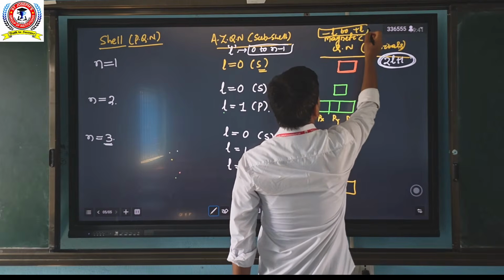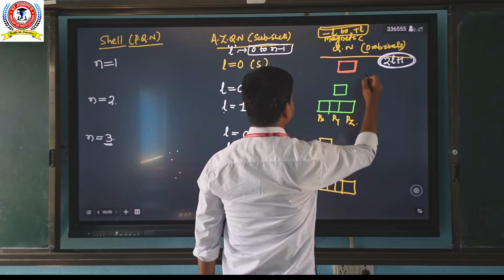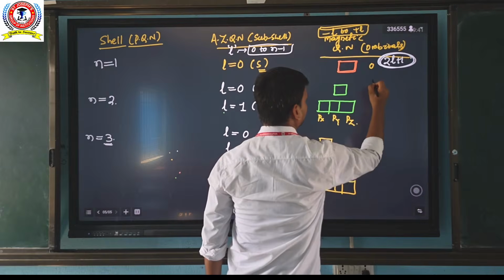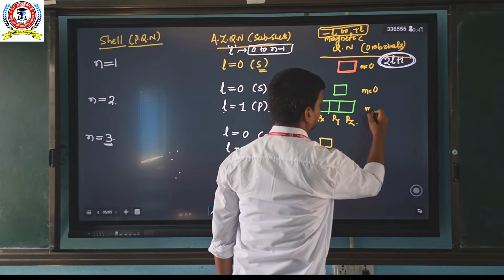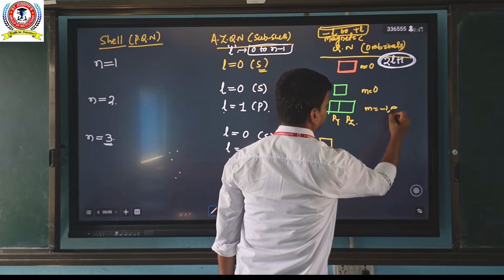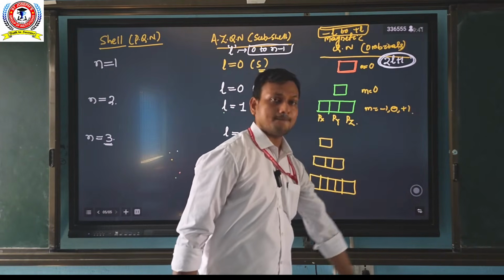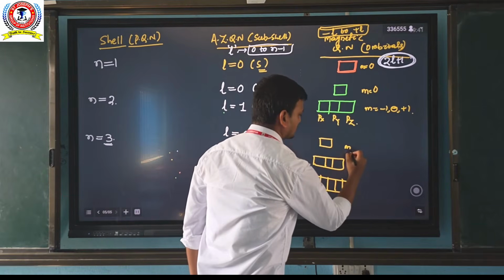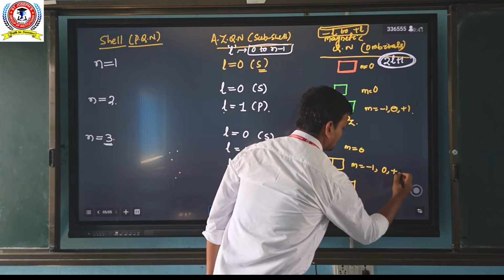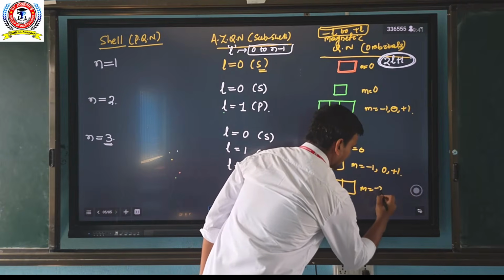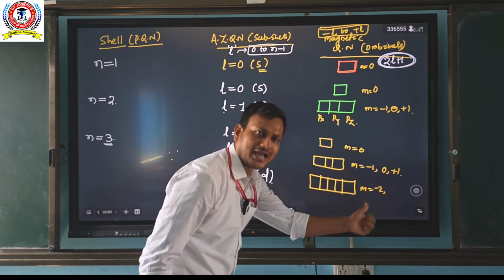For the s subshell, suppose l is 0, then m is equal to 0. For the p subshell, m is minus 1, 0, plus 1. There are 3 m values.